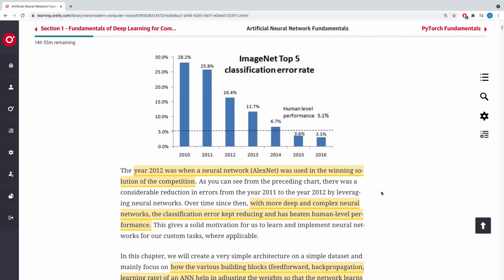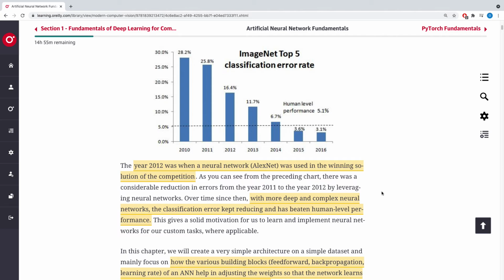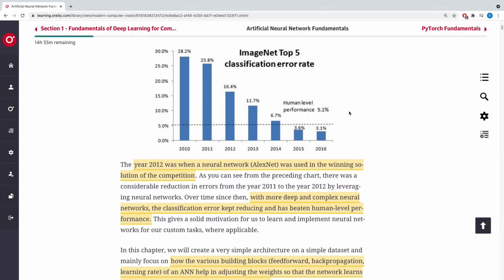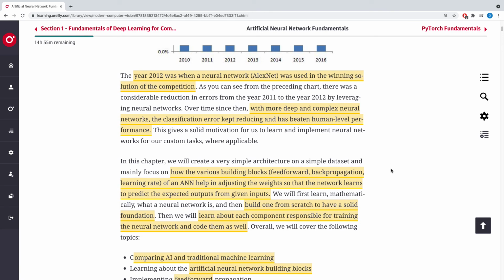And with more deep and complex neural networks, the classification error kept on reducing, now up to 3.1% in 2016, which has even proved better than the human level performance. That is, humans annotated this and they got a 5.1% error rate. So lower is better.